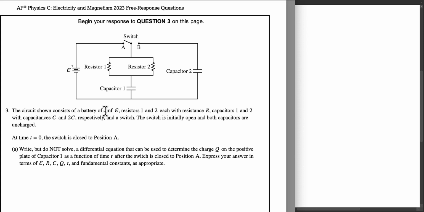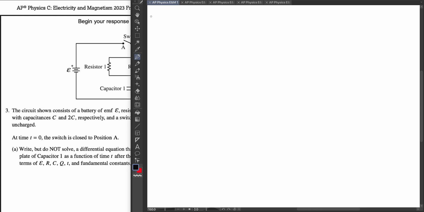But to write down the differential equation, we should use Kirchhoff's rule. So let me first draw the circuit here so that I can draw a loop to write down the loop rule.